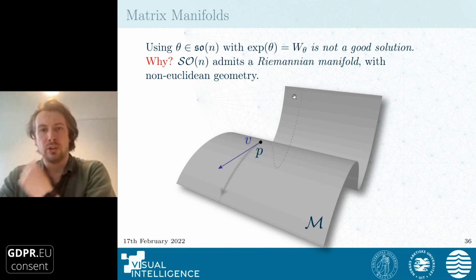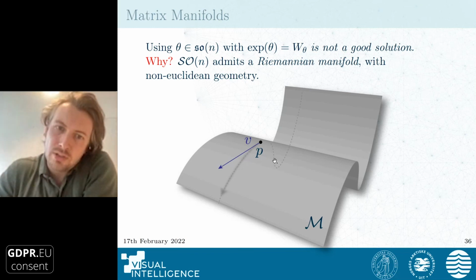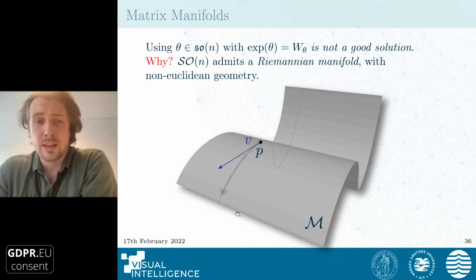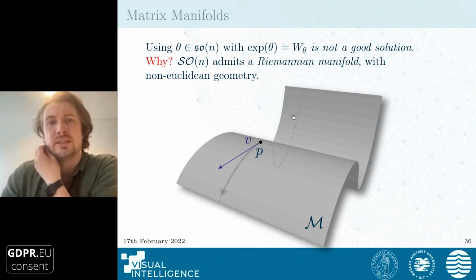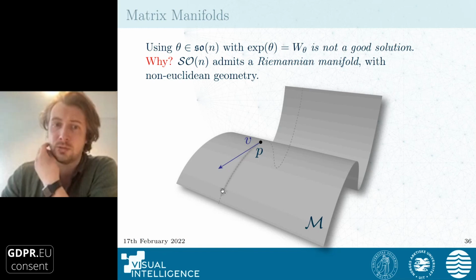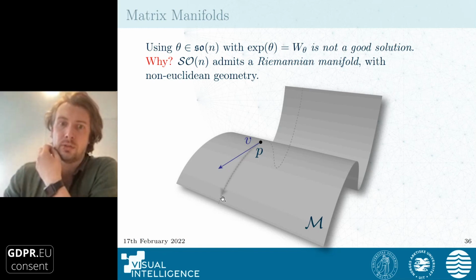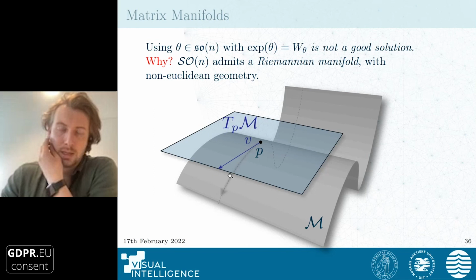So we want to follow this line here on the manifold according to this vector. And this line on the manifold, or straight lines on the manifold, are called a geodesic. So we want to follow the geodesic to the next point in our update.